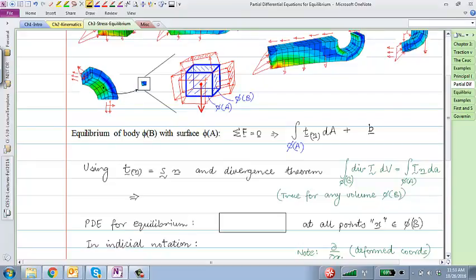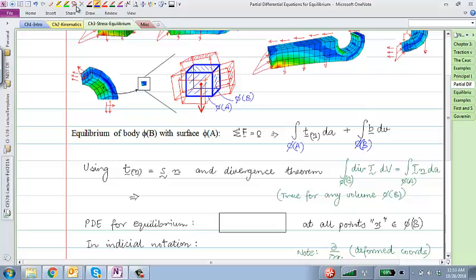So body force is B, and I'll talk a little bit more about what this body force is. dV, and actually to be consistent here with our undeformed and deformed areas, I'm going to make it small a, because this is deformed area, and small v, because this is deformed volume, integral over the volume of the deformed body.